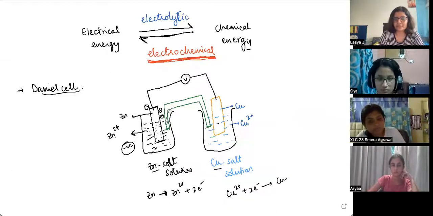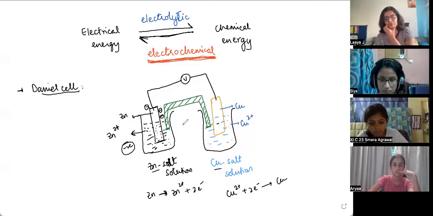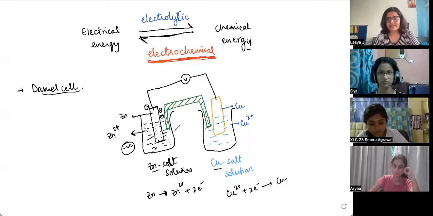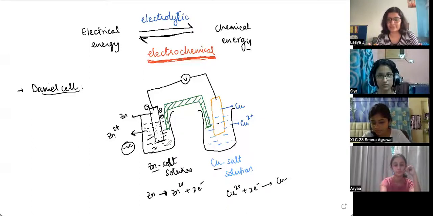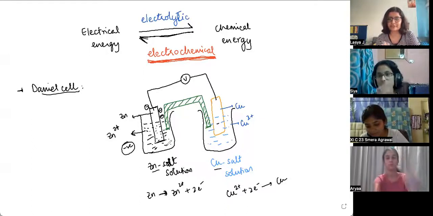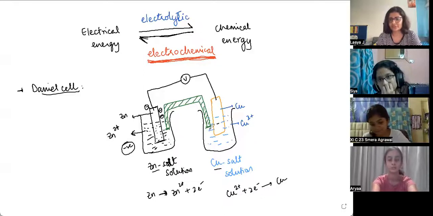Salt bridges are made up of a salt mixed in jelly, or in some cases, if it's a homegrown thing, you can immerse a paper, not a cloth towel or a napkin, in a salt solution, make it full of the salt solution, and then use that as the salt bridge.